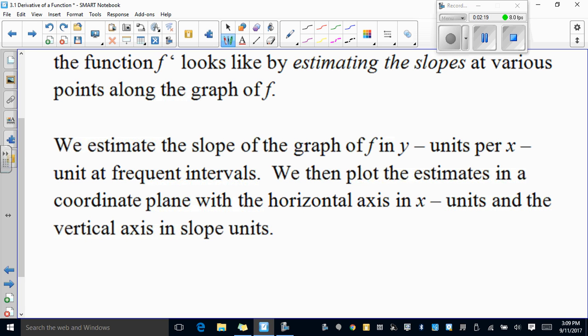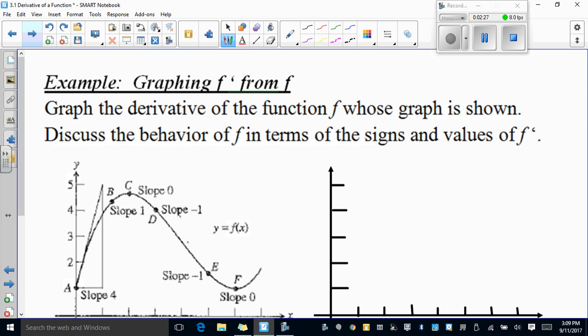So, an example on this one. On this particular problem here, they want you to graph the derivative of the function whose graph is shown. Discuss the behavior of f in terms of the signs and values of f prime. On this particular one, unfortunately on your paper it's already done, but they did give us slopes along the different values.